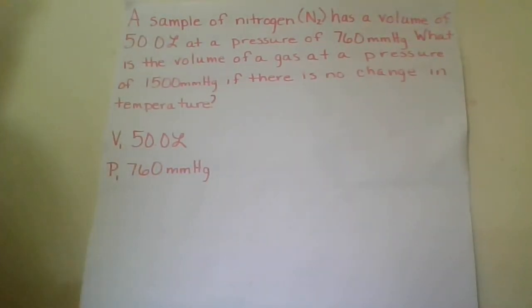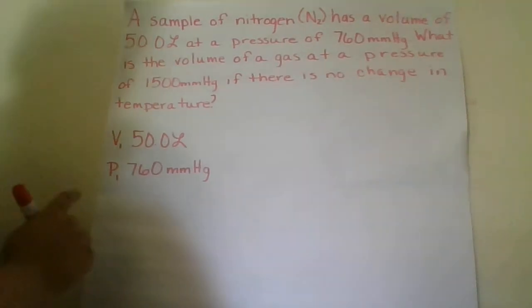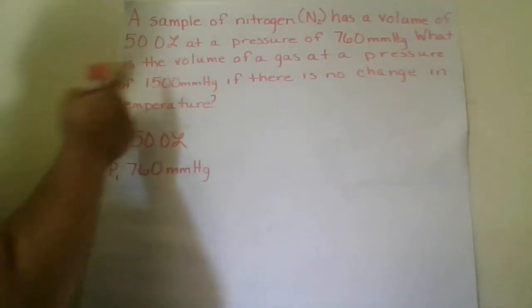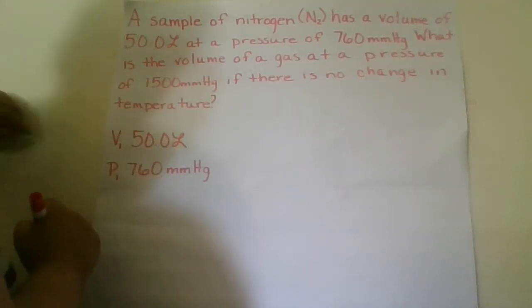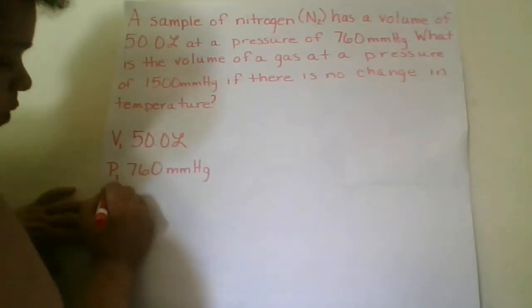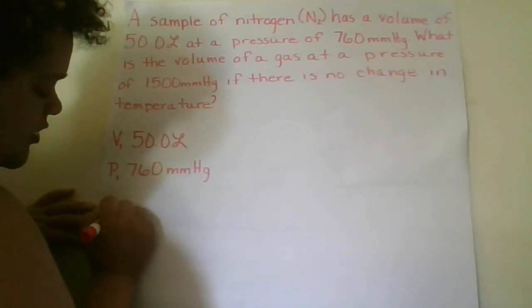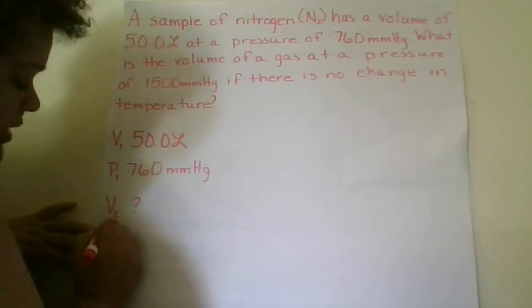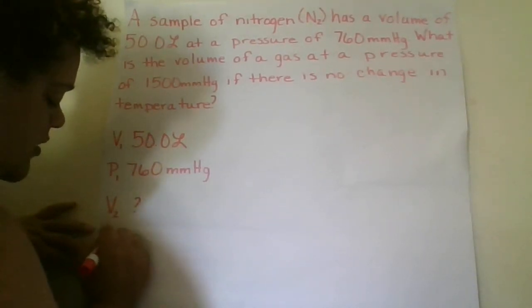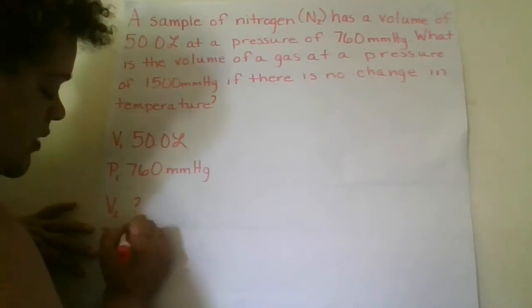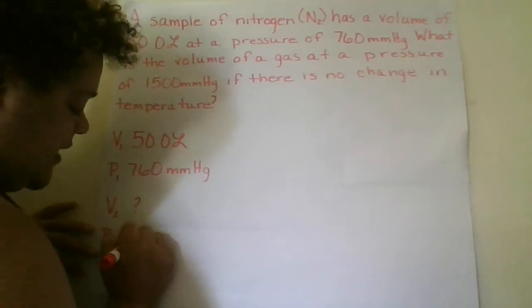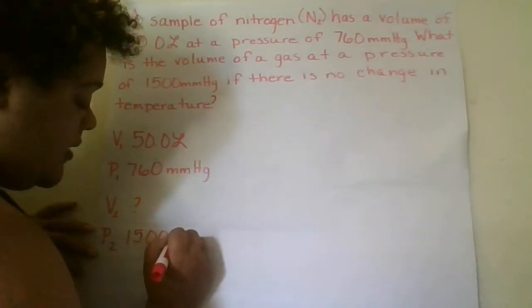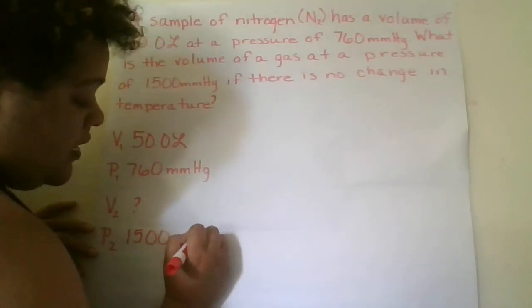What is the volume of a gas at a pressure of 1500 millimeters of mercury? So we're looking for the V2, if there was a change where P2 is now 1500 millimeters of mercury.